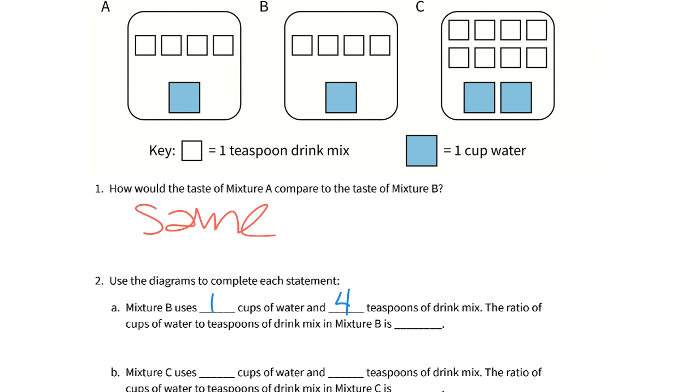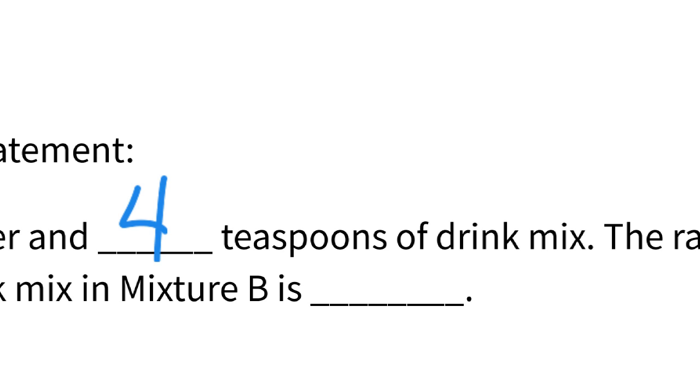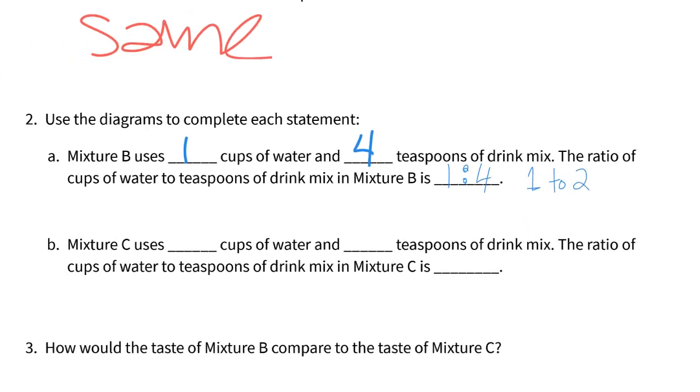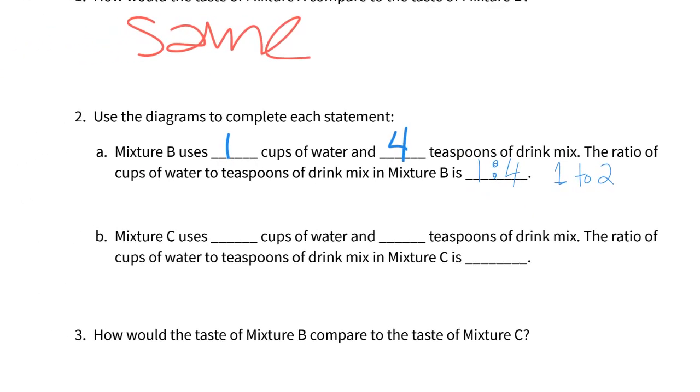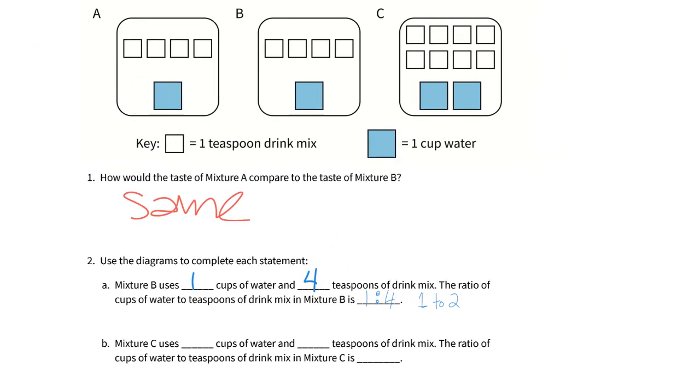Now the ratio of the cups of water to teaspoons is 1 to 4. So I'm going to zoom in a little bit so that we could see that we would write it as 1 to 4. Of course, we could also write it 1:4 like that. And so let's keep going here. So the mixture C uses, there's our mixture C way up there.